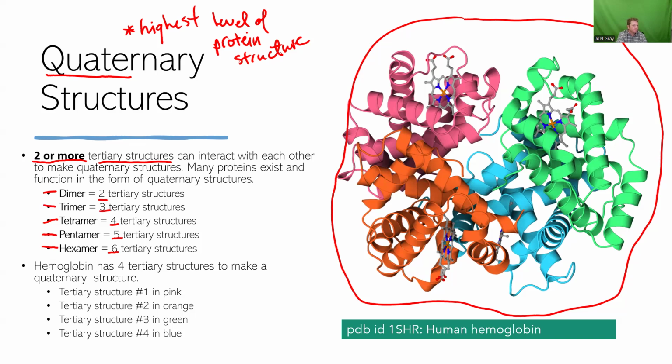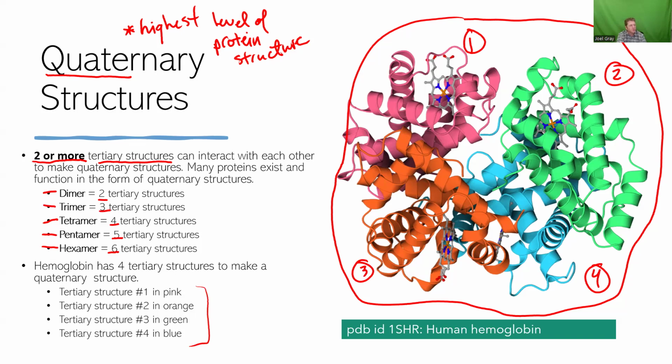This one right here is one, two, three, and four. My numbering scheme is a little different than what's detailed here, but that's not super important. Now, how do these different molecules interact with one another?